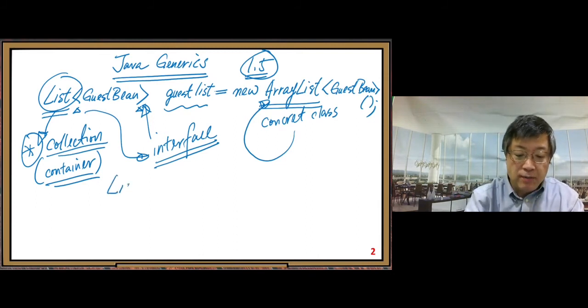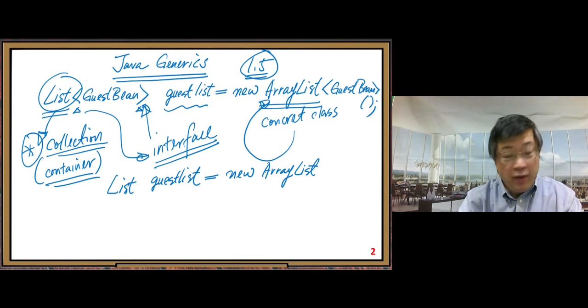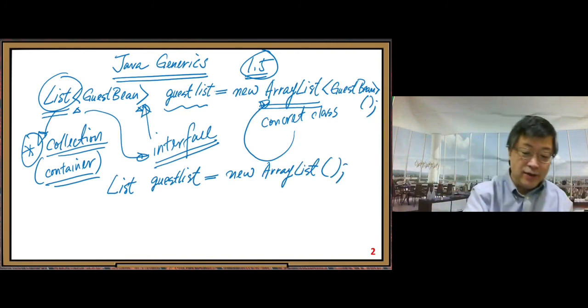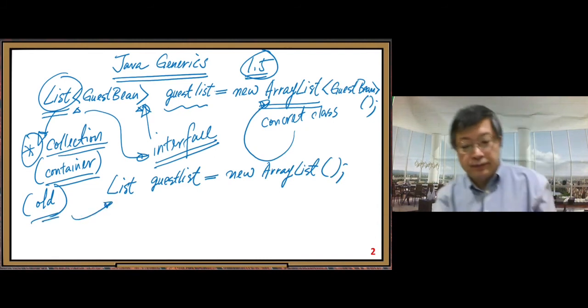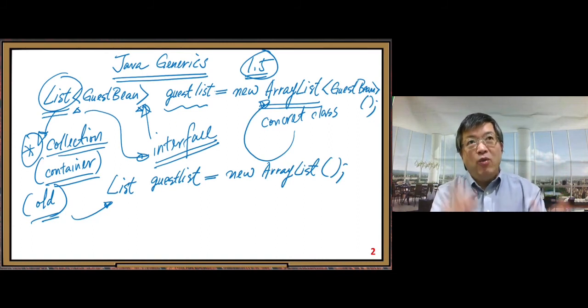They just used List, and the remaining part was similar: List equals new ArrayList, no angle brackets. That's the old way, before version 5.